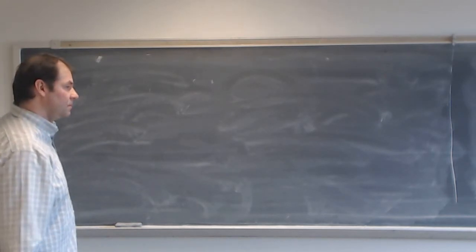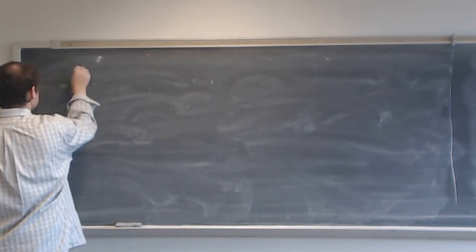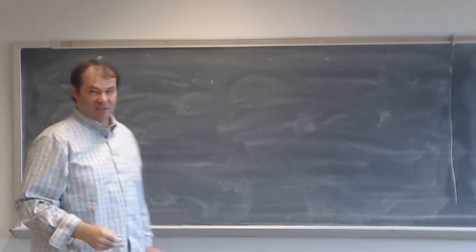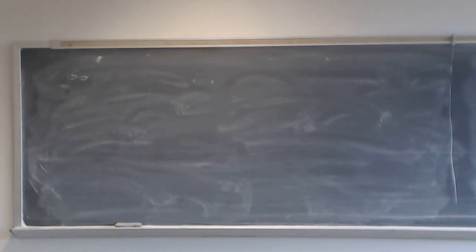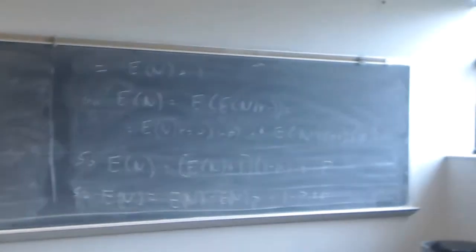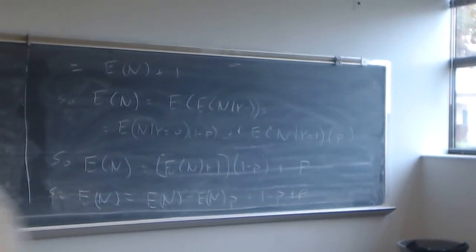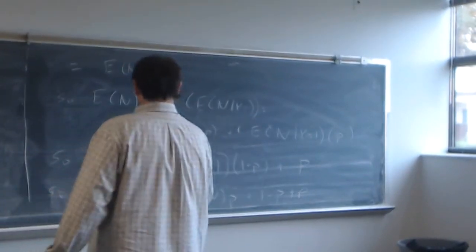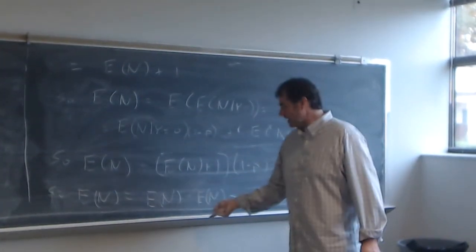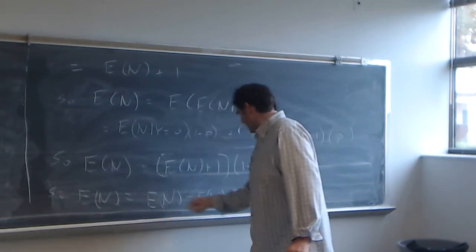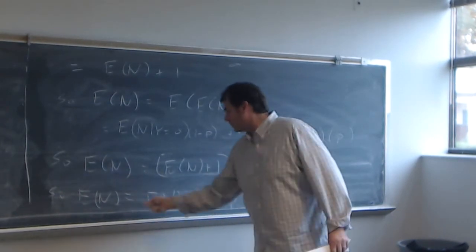All right, let's go back. What am I trying to solve for? I'm trying to solve for the expected value of n. So I'm going to get all the expected value of n's over here. This is solving a linear equation, if you will. When I move this over here, I get 0.